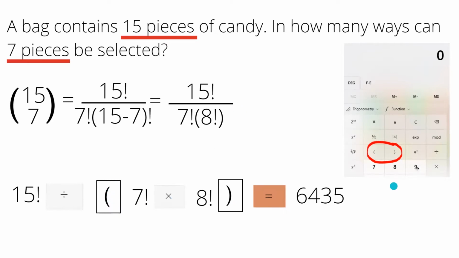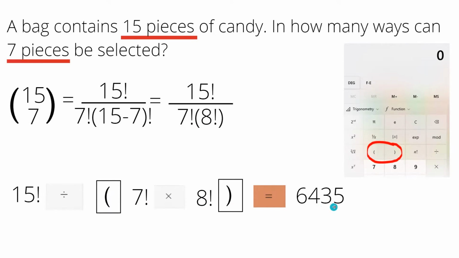You use an open parenthesis, which is this first one, and you put in 7 factorial times 8 factorial, and then you close your parentheses. So that tells me this whole thing right here is my denominator.